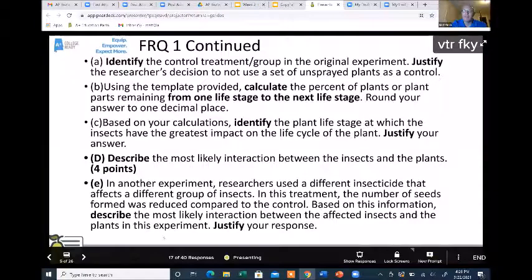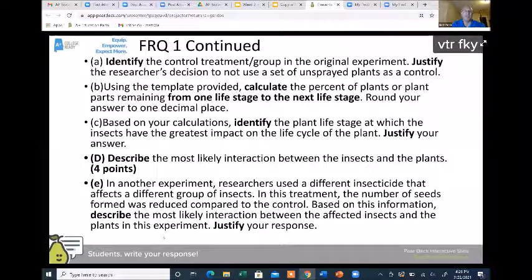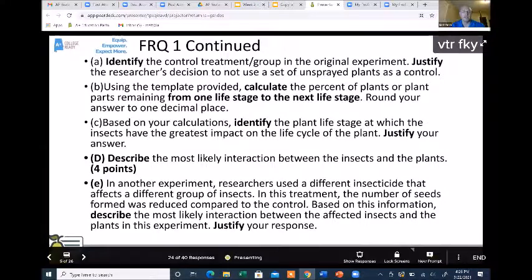That word justify is probably the favorite word of AP question writers. Justify. So tell me what the control treatment is and why, essentially, is what justify means. Tell me why it was okay for the researcher to not use a set of unsprayed plants as the control. Quickly write in an answer for just question A is all you're answering right now.